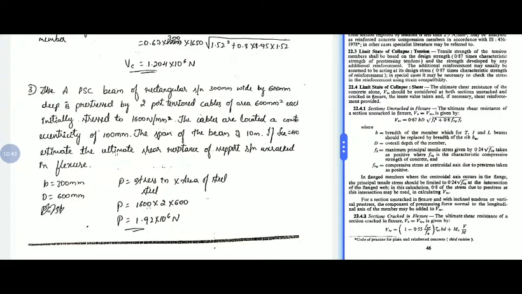So this is also similar to the previous problem, but here it is a rectangular section. Cross section is 300 by 600. Initial stress and area of steel are given. We are using two post-tension cables of area 600 mm square each.